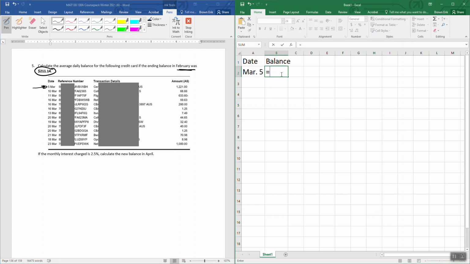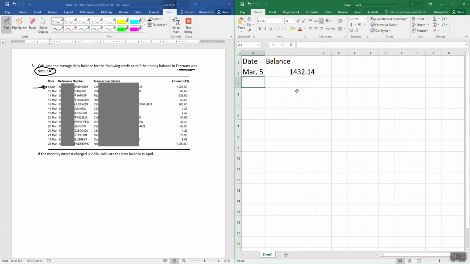So we need to add that 211.14 to the 1,221. So that's the balance on March 5th. And then on March 10th, 5 days later, we add in another $68.66.